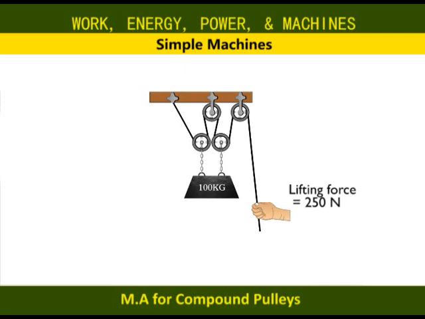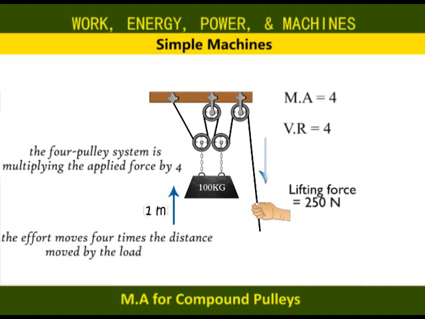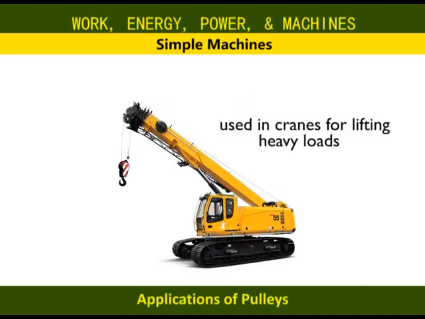So it's given us a lot of mechanical advantage equal to 4, meaning it multiplies the applied force 4 times. But again, the distance moved by the applied force is 4 times the distance moved by the load. Pulleys are used, for instance, in cranes to lift very heavy loads.